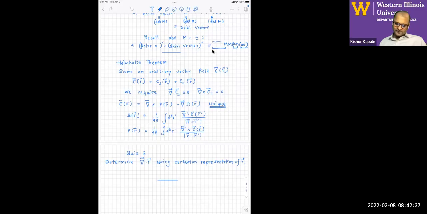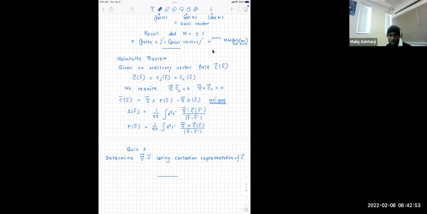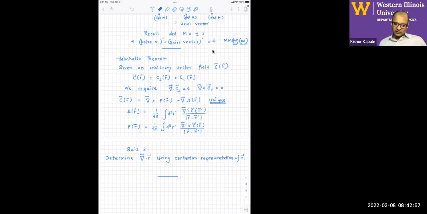And what would you get here eventually? Is it odd powers of determinant M or even powers of determinant M? Let's simplify the question. I think it's odd powers. Odd power, I heard odd power. It should be just one, right?